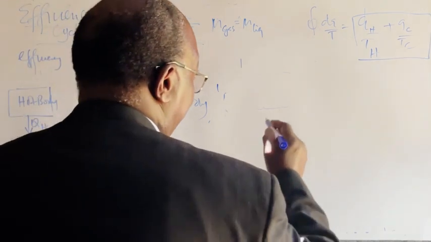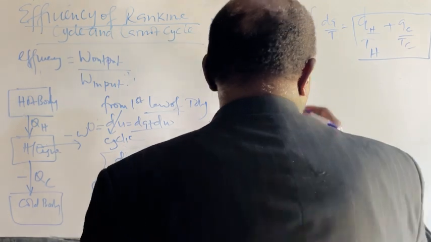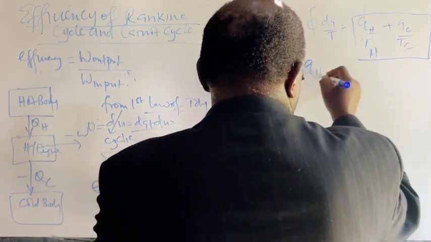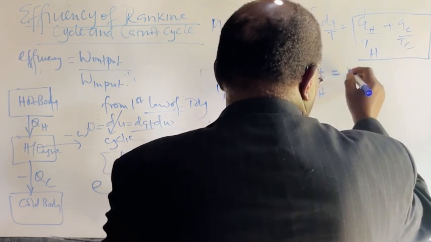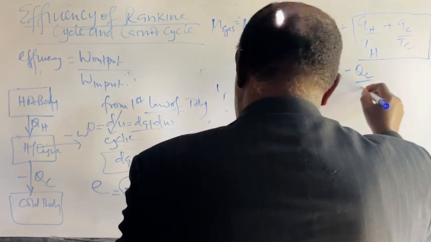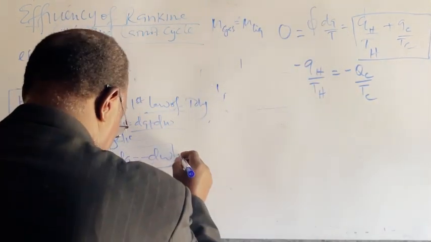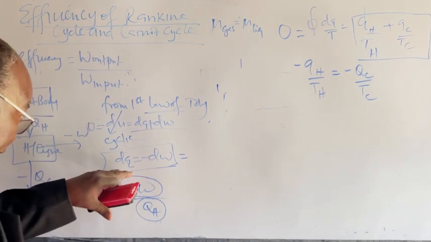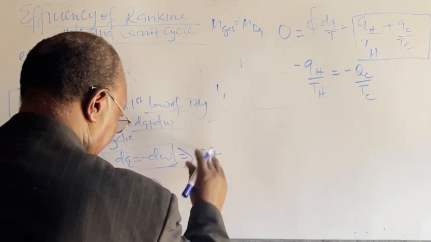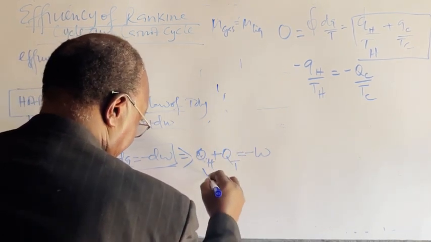So what we have here is that QH over TH is equal to minus QC over TC. And what is work? Work, definitely, from dq equals minus dw, implies that QH plus QC is equal to minus W.